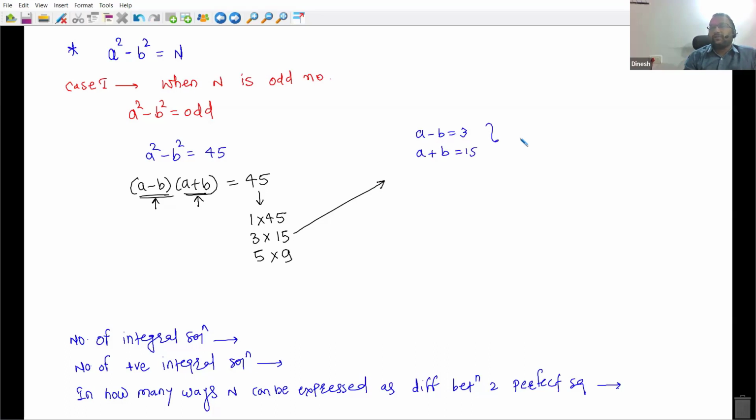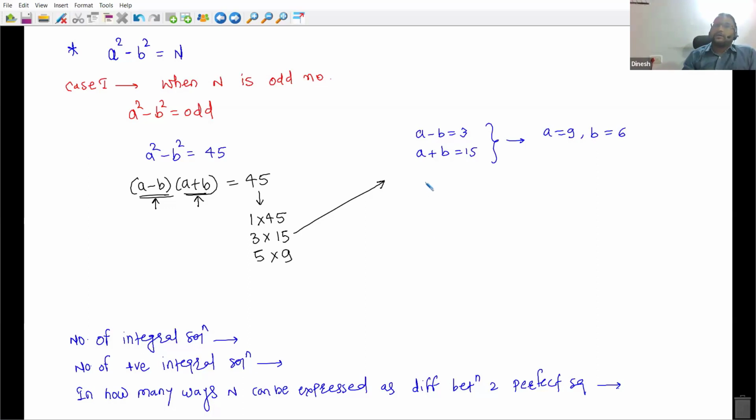If we solve this, we will get the value of a. If you add this, 2a is equal to 18, a is equal to 9, and you will get b equal to 6. This is the first solution, everyone. 81 minus 36 gives 45.